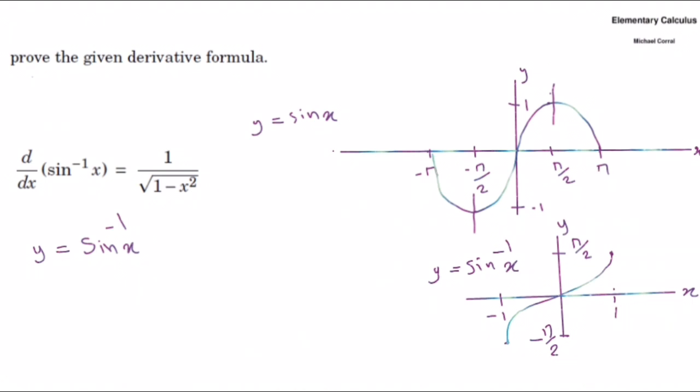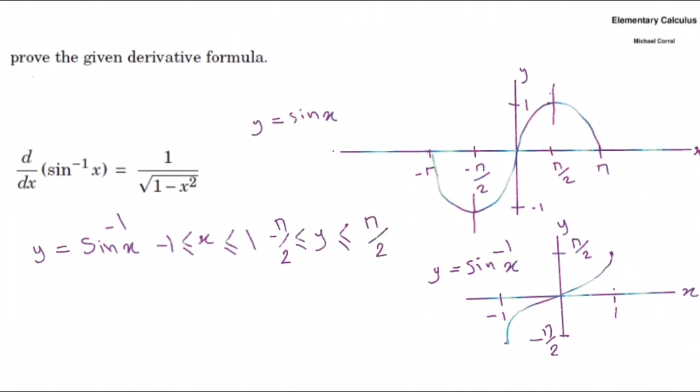For this function the domain is x greater than or equal to negative 1 and less than or equal to 1, and the range is y greater than or equal to negative pi over 2 and less than or equal to pi over 2.